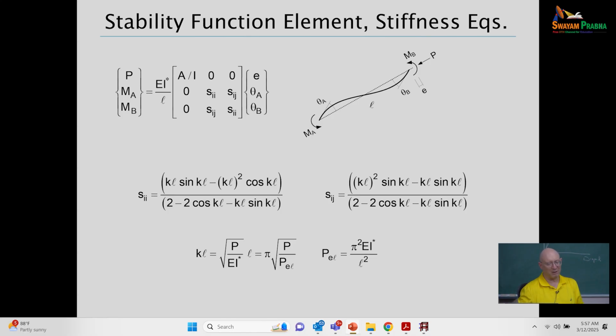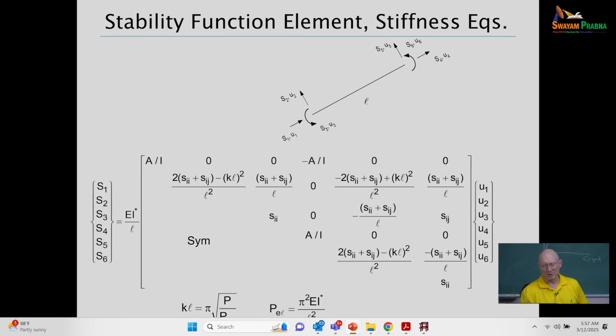So with a stability function element, we usually start with this. We use the matrix relationship between MA and MB and the end rotations theta A and theta B relative to the chord. If we go way back, folks would say, "Oh, I'm doing slope deflection equations, and I'm working here with stability functions."